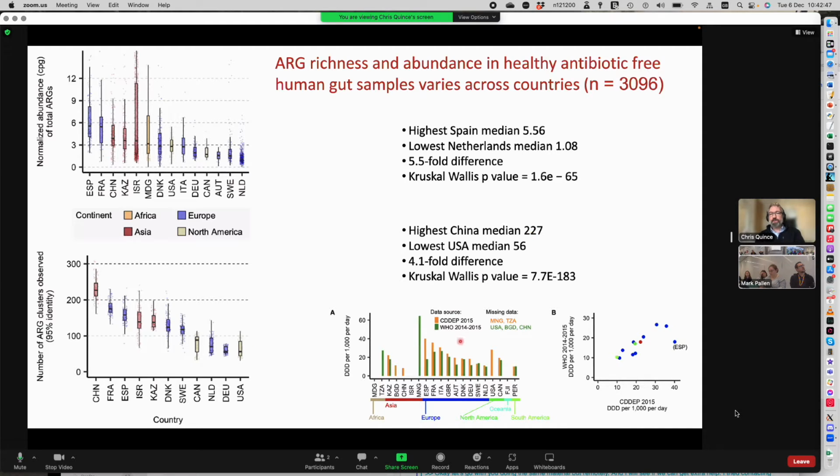Here we took some statistics on antibiotic consumption that have been compiled by the World Health Organization and another organization called CDEP. So we had 2 separate sets of statistics. There's a pretty good agreement between them, but they cover different sets of countries.